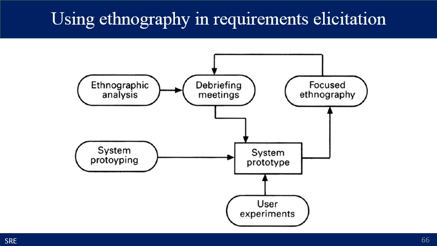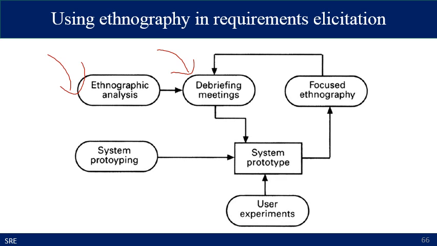So in the ethnography elicitation technique, for the initial steps, you have to conduct an ethnographic analysis of the customer base, and then you have to conduct a briefing meeting which describes the system objectives.